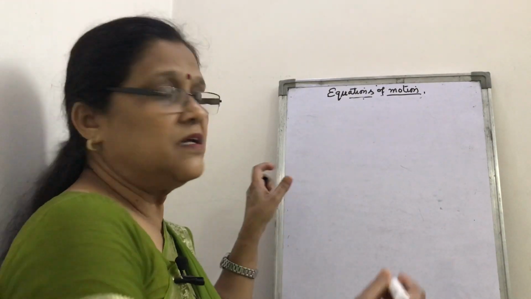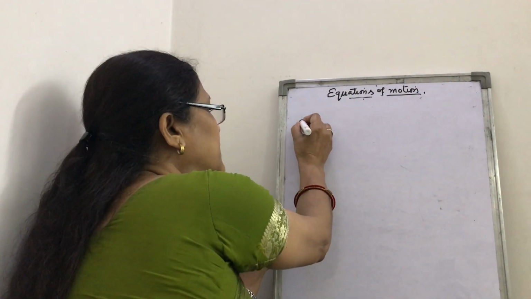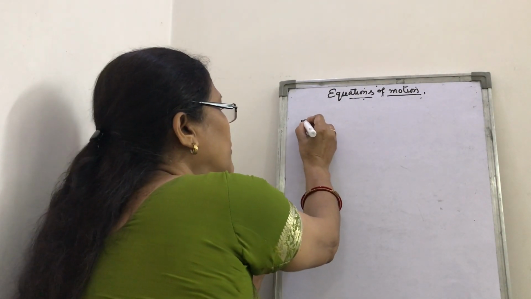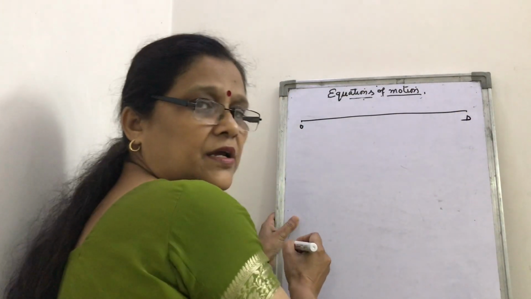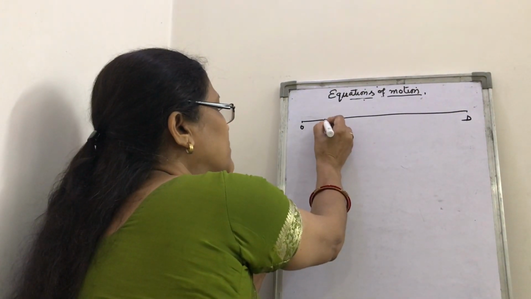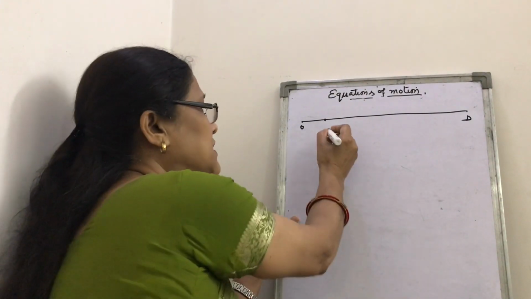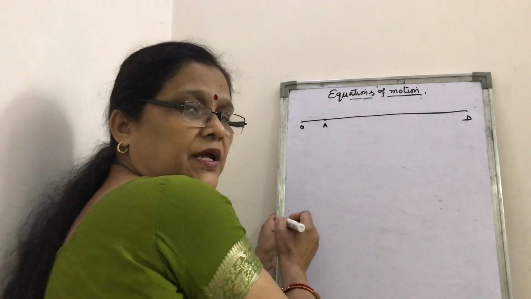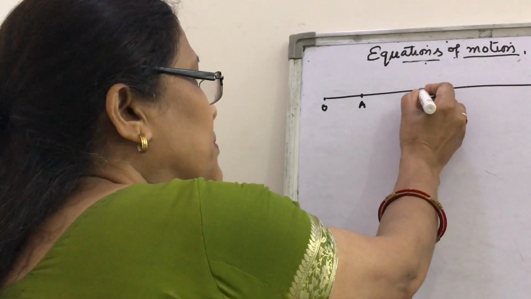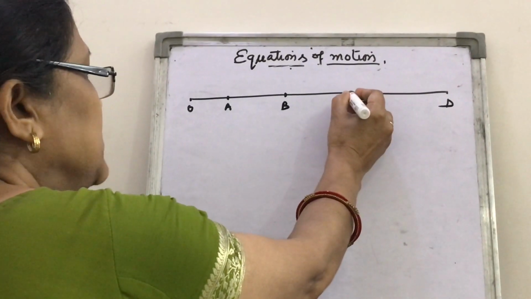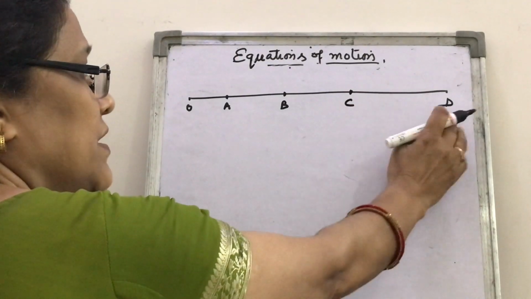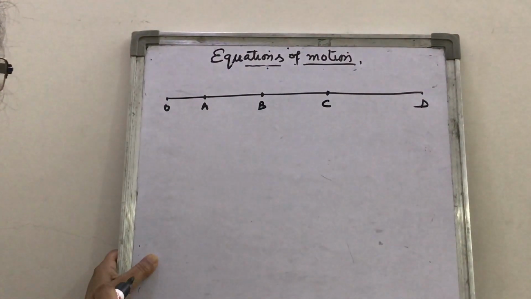Let us say that from point O an object covers a distance up to the point D. Then in the first second of motion with uniform acceleration, it goes up to the point A, then up to the point B in 2 seconds, then up to the point C in 3, and finally up to D in the 4th.